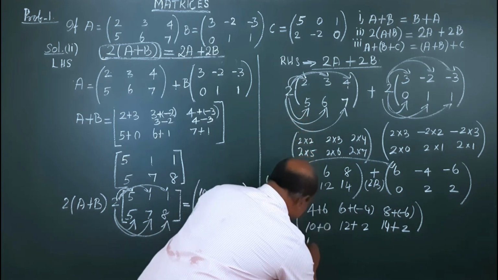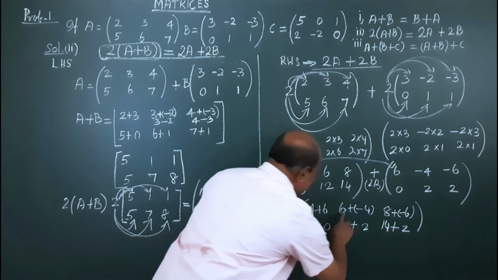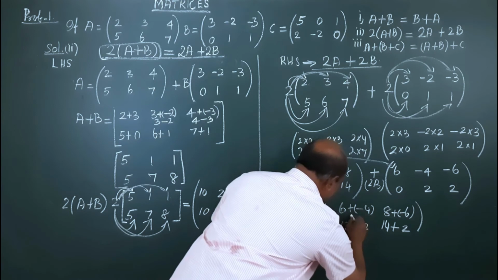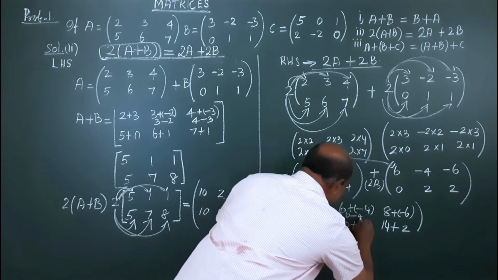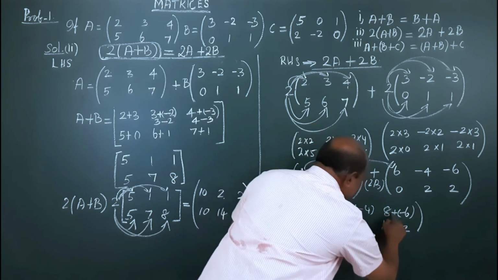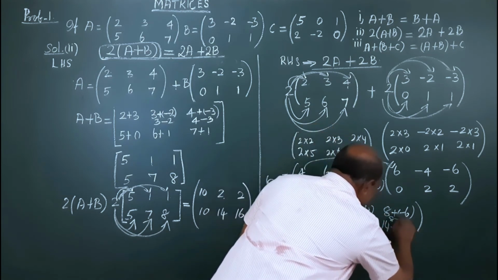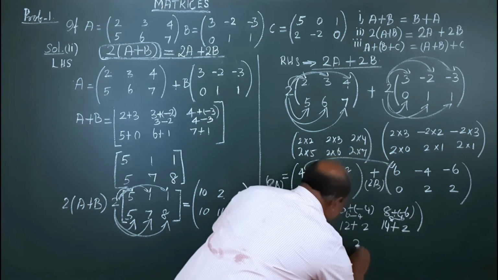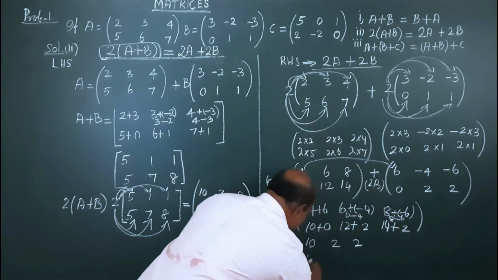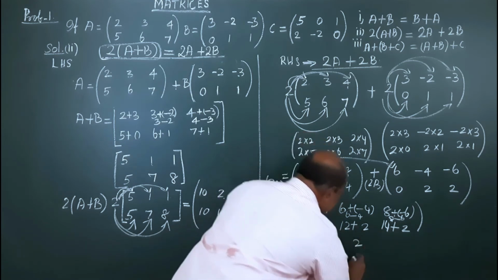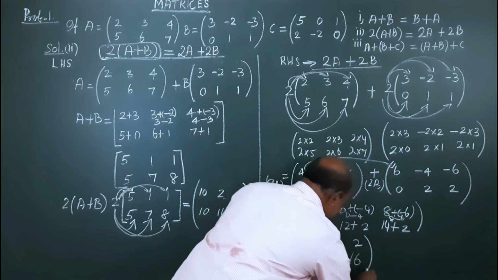Now it is equal to 4 plus 6, 10. Here 6 minus 4, plus into minus, minus. 6 minus 4. That is equal to 2. Here 8 minus plus into minus 6. That is here also 2. 10 plus 0, 10. 14, 16.